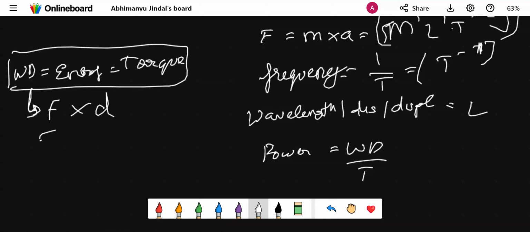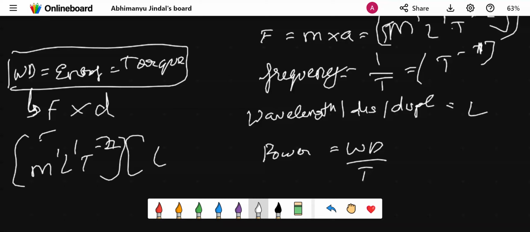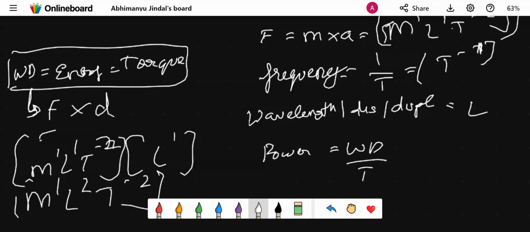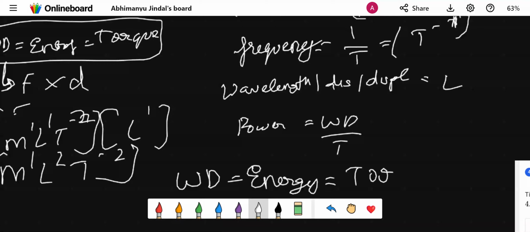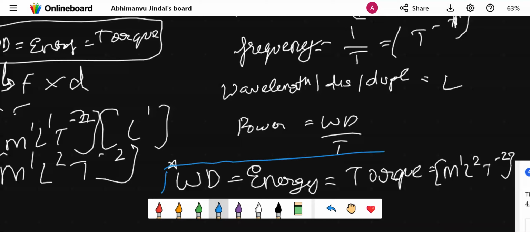Force was right here, which is M^1 L^1 T^-2, and displacement is L^1, so it becomes M^1 L^2 T^-2. So here's one conclusion: the work done dimensional formula equals the energy dimensional formula equals the torque dimensional formula, which is M^1 L^2 T^-2. This is worth remembering, and it can help you solve many questions in physics.